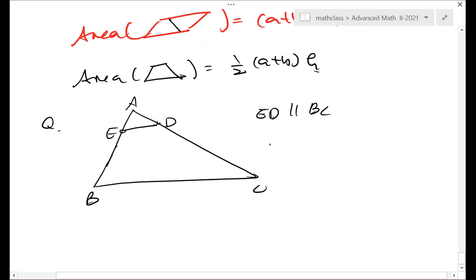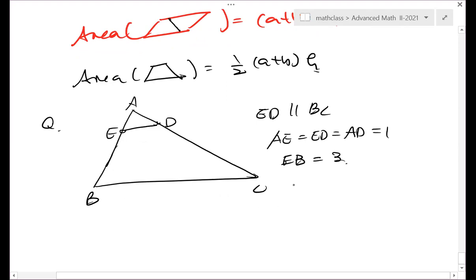If we know AE equals ED equals AD equals 1, then EB is going to be 3.